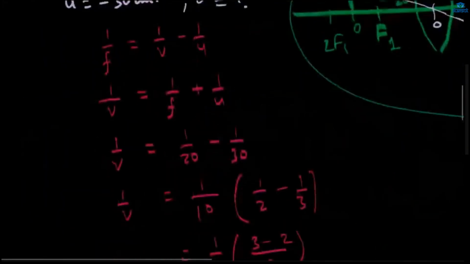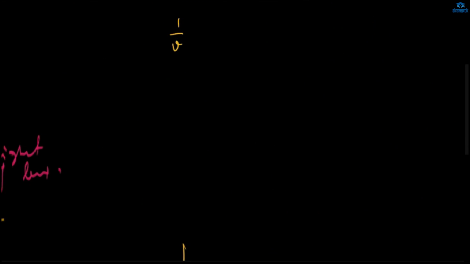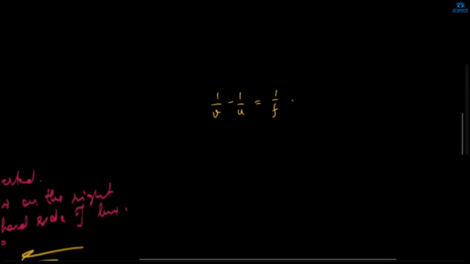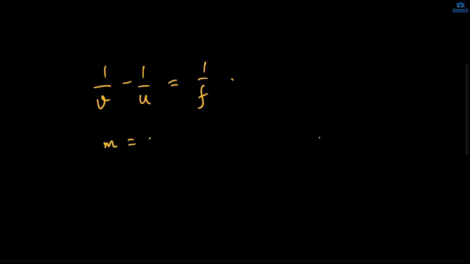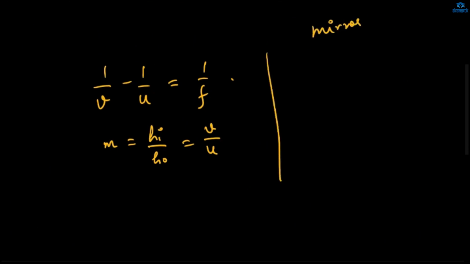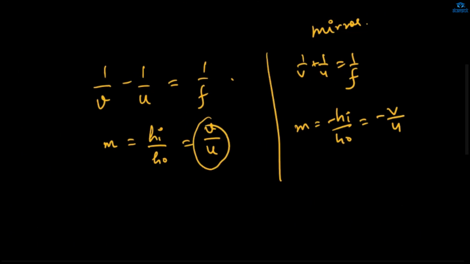For magnification, it's HI upon HO and V upon U. For a mirror, what we used to do was 1 by V plus 1 by U is equal to 1 by F, and M is equal to minus HI upon HO, minus V upon U. But here we'll take simple V upon U, and in the lens formula, we'll take 1 by V minus 1 by U is equal to 1 by F.